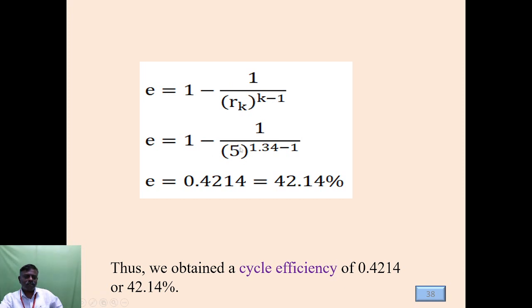We got compression ratio 5 in this problem and the K value. Directly substituting these values in this equation, finally we arrived at the efficiency of this Otto cycle engine as 42.14%. Thus we obtained a cycle efficiency of 42.14%.